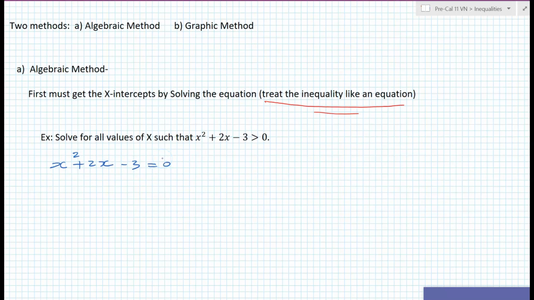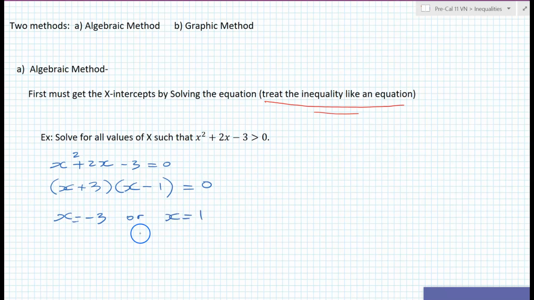So this is x squared plus 2x minus 3 greater than 0, but I'm going to solve the equation for the x-intercepts. And in this case, notice that I can quickly use the factor form, x plus 3 times x minus 1. Okay, so in here we get x equals negative 3 or x equals 1.